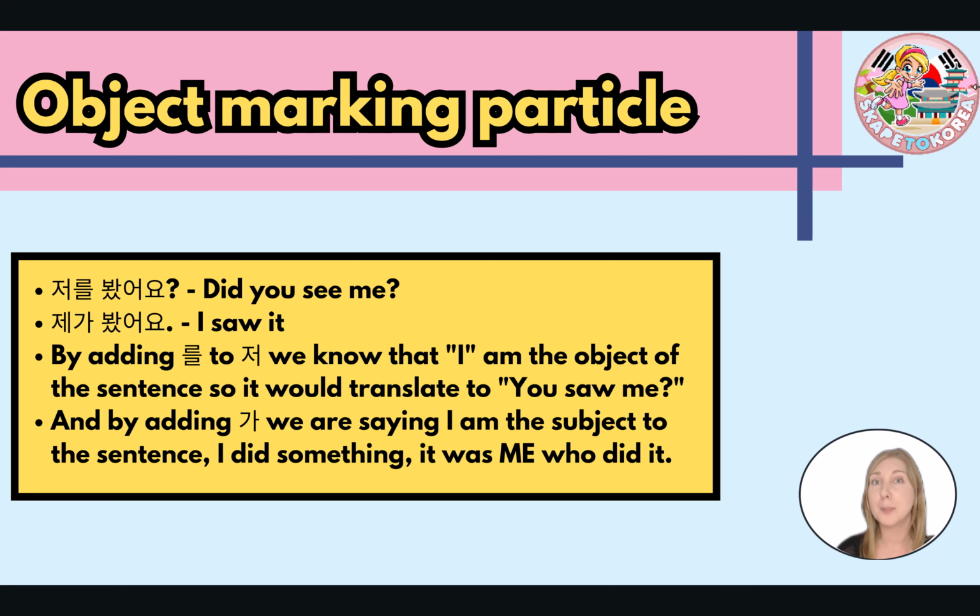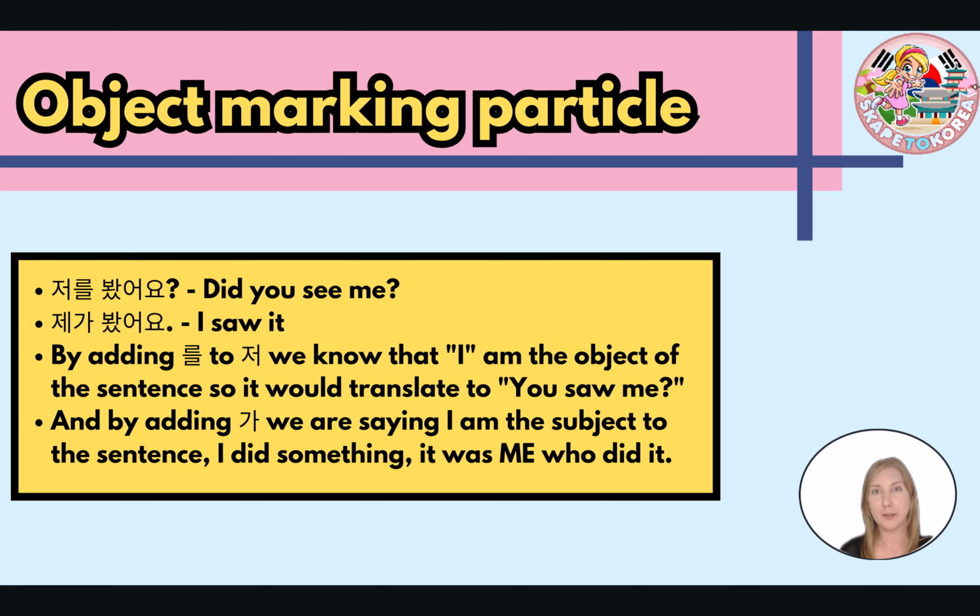So 저를 봤어요, did you see me? And when you say 제가 봤어요, I saw it, it was me who saw it, I am the subject of the sentence. So see how that can completely change the meaning of the sentence.